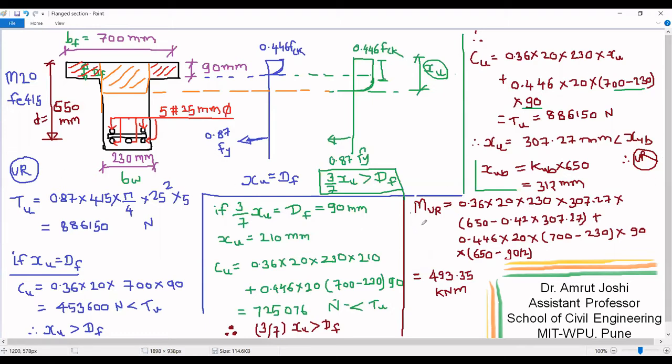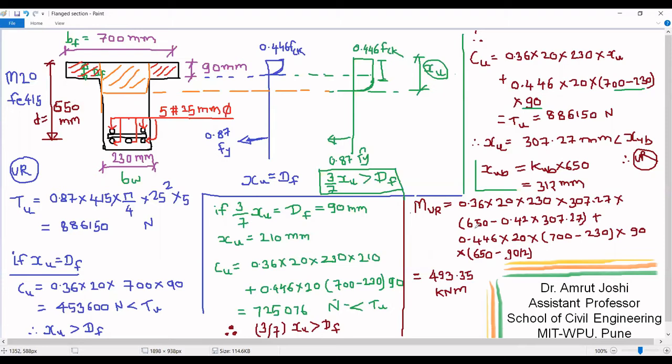Now let us calculate moment of resistance of this under reinforced section. To write down this moment of resistance of this section, we will write down the moment of resistance corresponding to compressive force offered by this orange rectangular section. That will be equal to that compressive force multiplied by its lever arm.